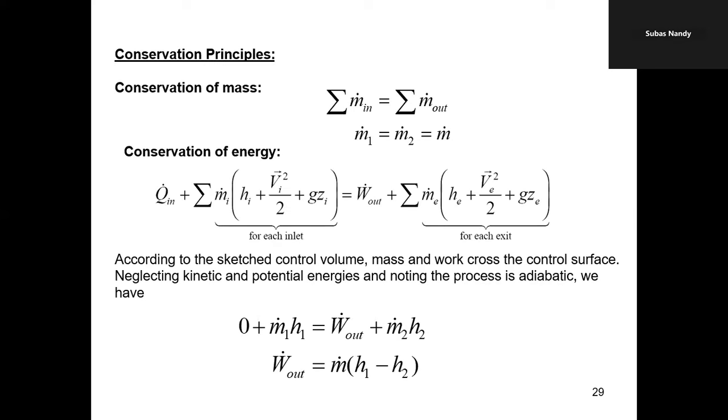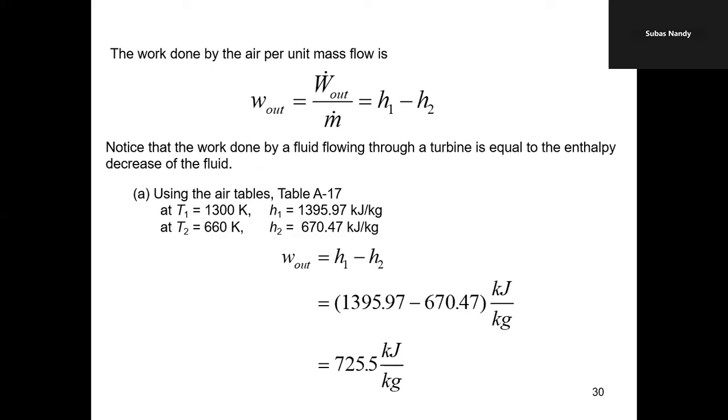So again, we will use the last equation. Net work coming out is equal to mass flow rate times the change in enthalpy from the entrance to the exit, per unit mass. So w out, the work output per unit mass, is the net work out per unit time divided by the mass flow rate.